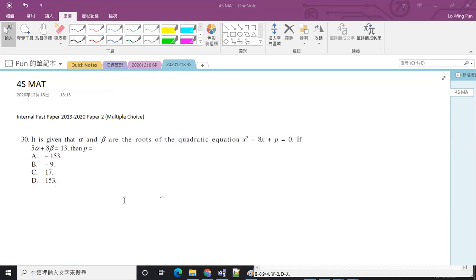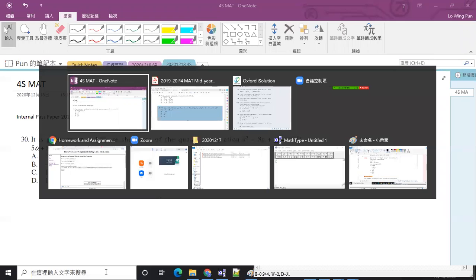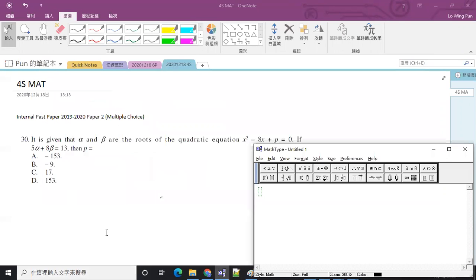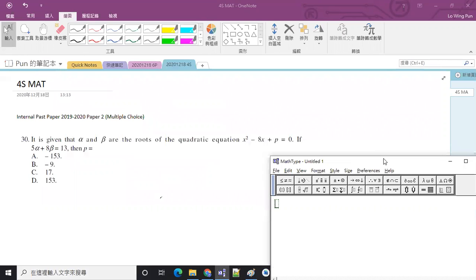If 5 alpha plus 8 beta is equal to 13, then the question asks you to find the value of p. Okay, so when you read this question, I think you have a feeling that this question is about sum of roots and product of roots. Do you? And so we just write down the sum of roots and product of roots first.